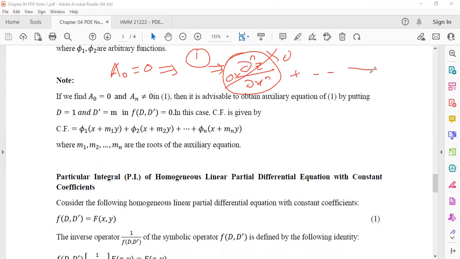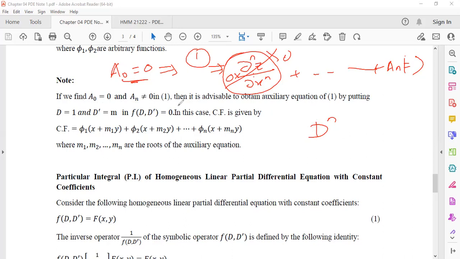We have other terms. So it means we don't have the D to the nth term since a naught is equal to 0. It may happen sometimes, not always.